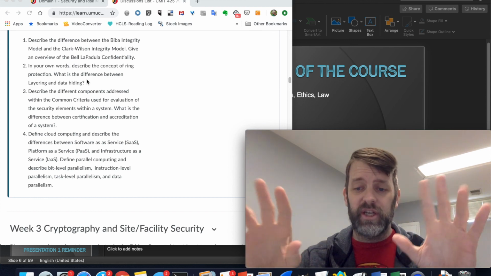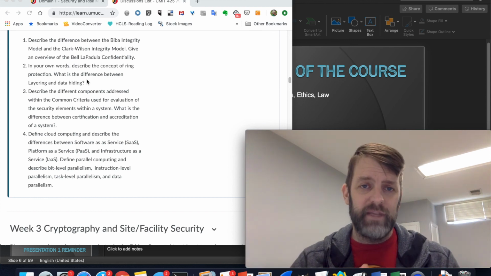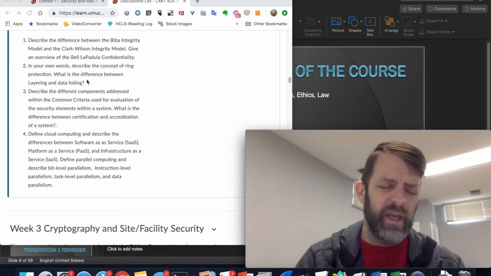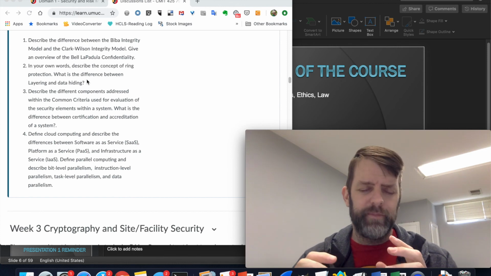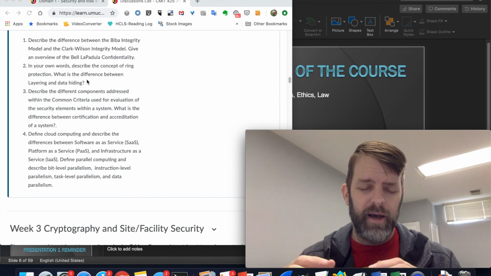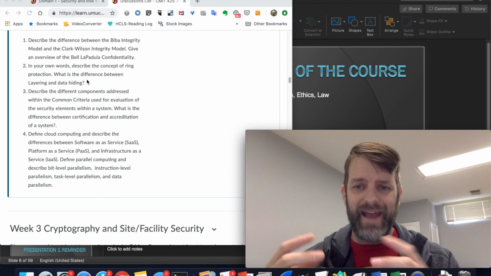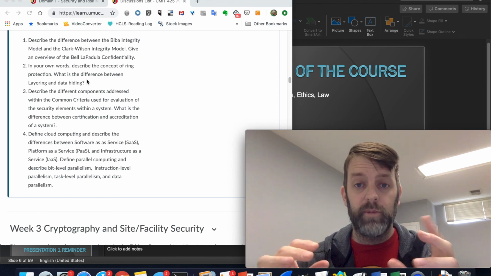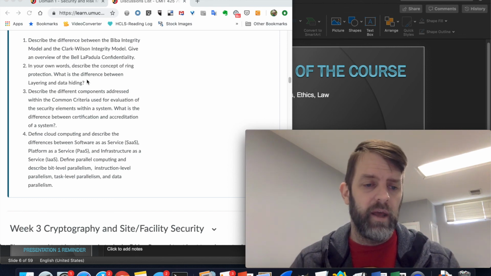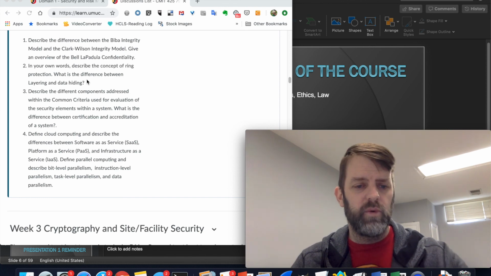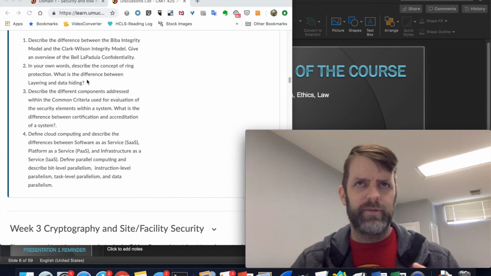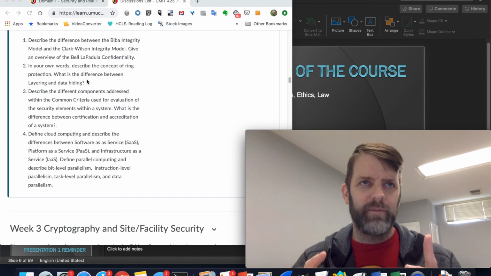So branching as a means of speeding up computing is an example of instruction level parallelism. Task level parallelism, here we're talking about concurrent actual full tasks that are running at the same time within one computing platform. And then data parallelism is more difficult to grasp.